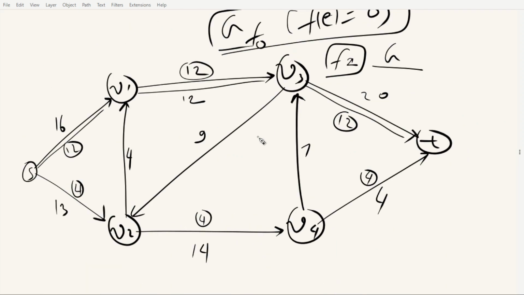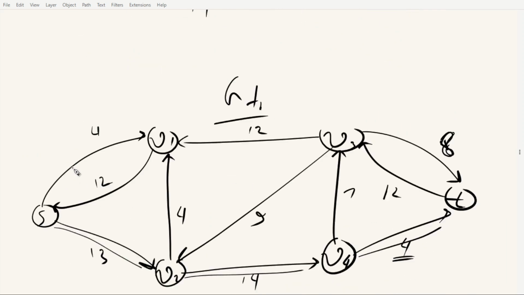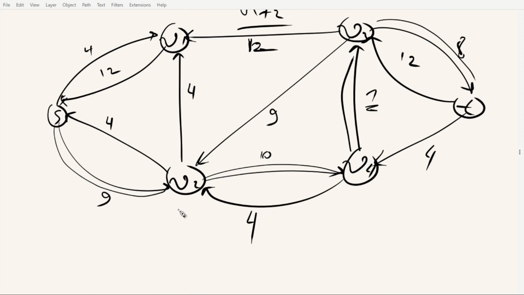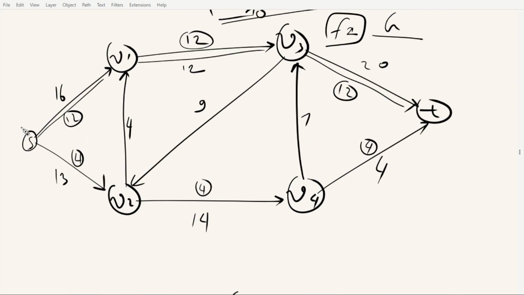Here once again we consider the forward edge, so increase the flow by 7. This will change to 4 plus 7, which is 11.